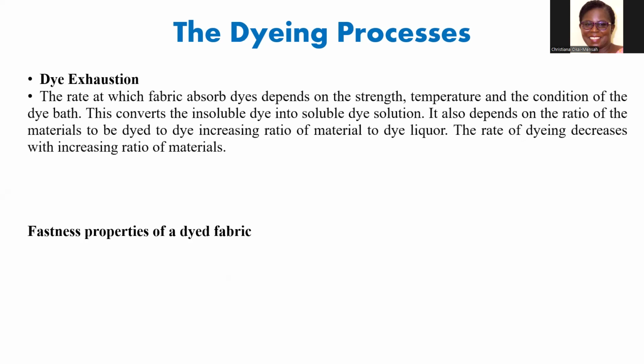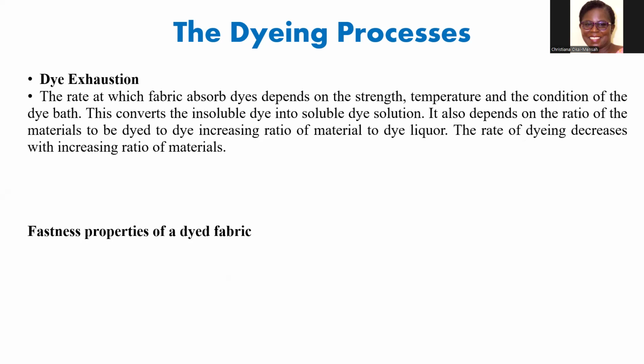So the dye exhaustion, I have explained it. The rate at which fabric absorbs dyes depends on the strength, the temperature, and the condition of the dye bath. This converts the insoluble dye into a soluble dye solution. It also depends on the ratio of the materials to be dyed to the dye liquid.